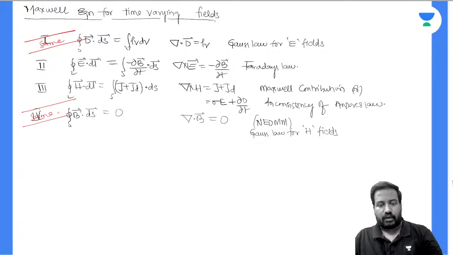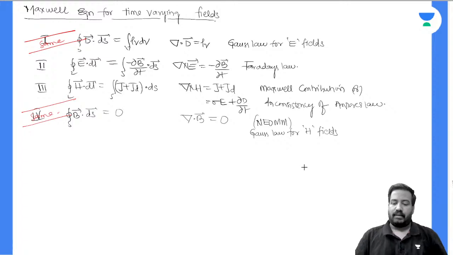So let us see how we got this. Before we do that, let me explain the conservative property of charge, a small property which is interlinked.